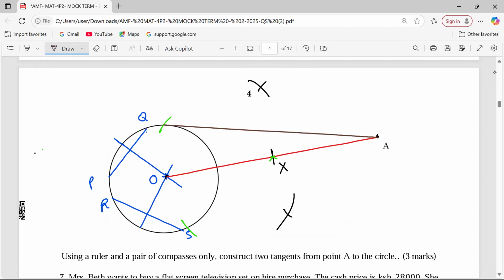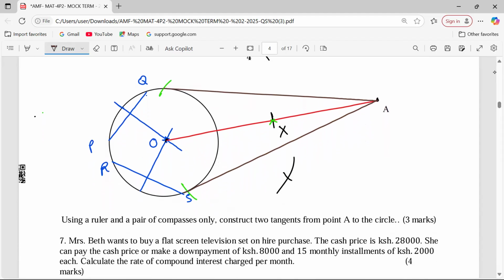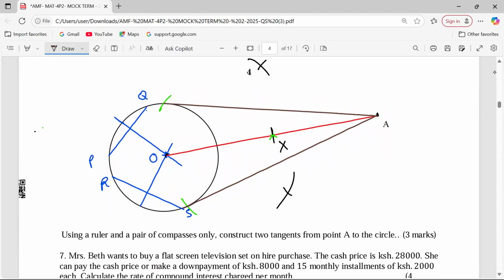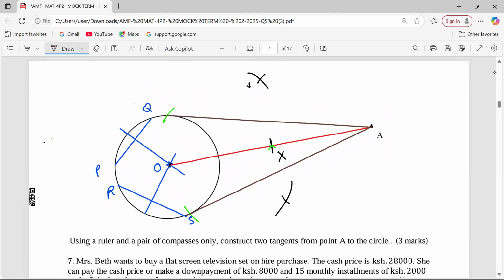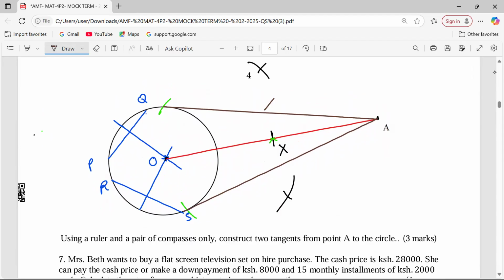I've joined that point, and I also joined the other one, point S to A. Yeah, that way. So the tangents from an external point A have already been established. These are the two tangents. Tangent 1, tangent 2.